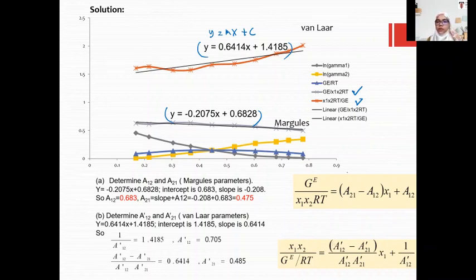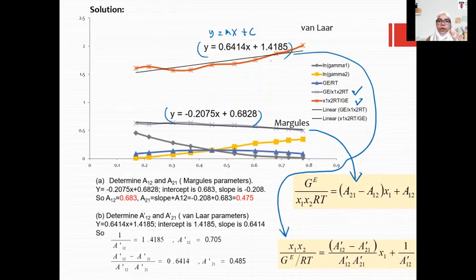Okay, this is for the Margules. Margules, that means we have this... okay, this is for the Margules, and the below expression is for the orange line. And then these are based on y equals mx plus c.